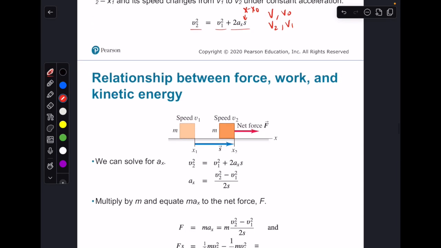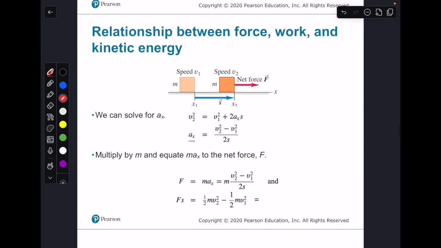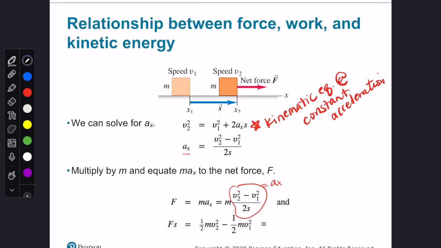We solve for acceleration and plug that into Newton's second law. Once we plug in the acceleration, we can find the definition of work as force times displacement. So we multiply by displacement, which gets rid of the s in the denominator.